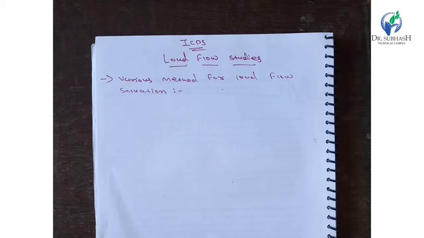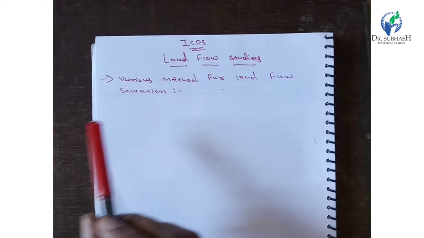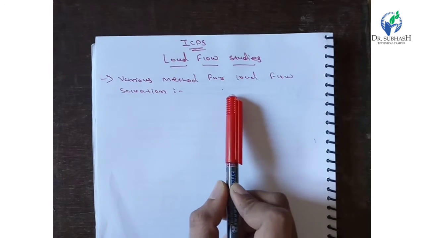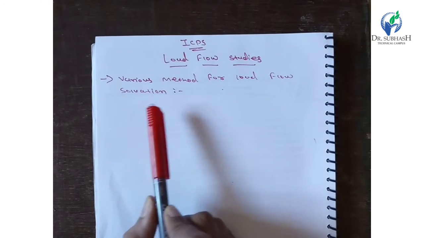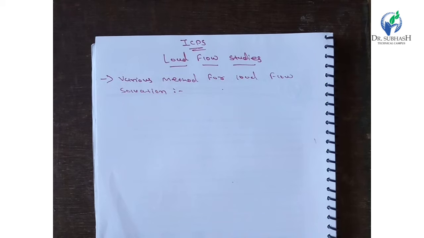Now we start this topic: the various methods for the load flow solution. The load flow solution is a solution related to the parameters of active and reactive power, voltage magnitude and phase angle. By using all these methods, we can easily calculate the load flow solution.